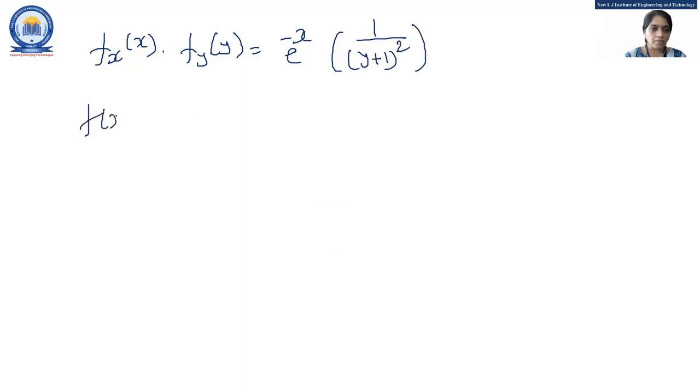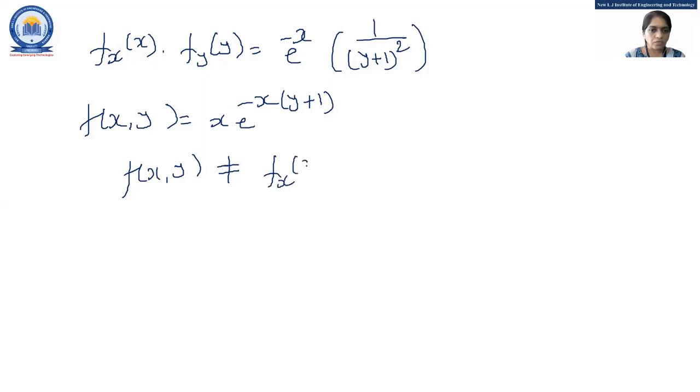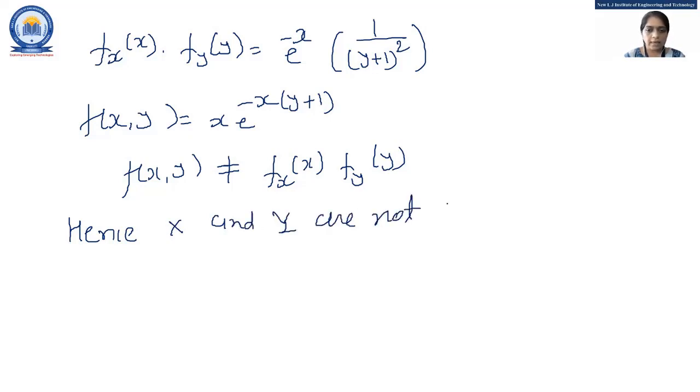So here f of xy is equal to x e to the power minus x(y plus 1). So f of xy is not equal to f of x for all x times f of y for all y, right? Hence, x and y are not independent.